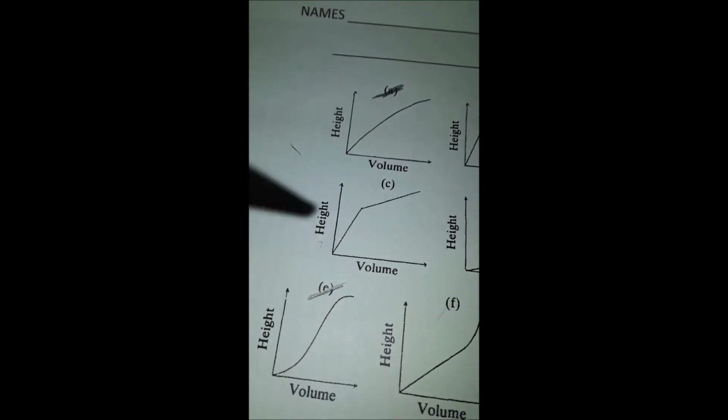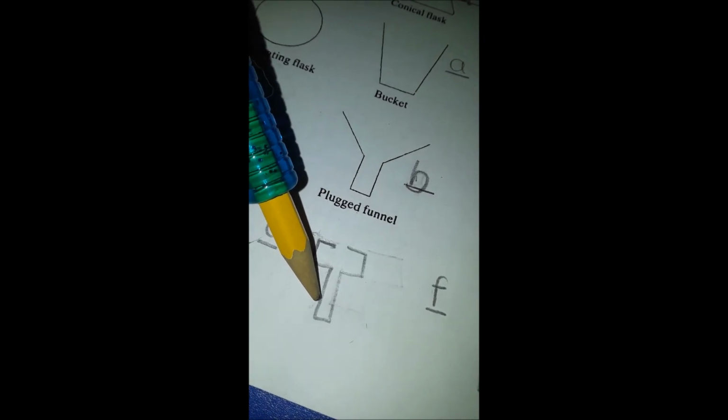For graph C, which is this one, we drew kind of like a hammer or mallet shaped bottle. And the reason for that is because as you fill it up directly, there's a long narrow, I don't know what to call it, space that you have to fill, and that will cause an increase in height rather than in volume.